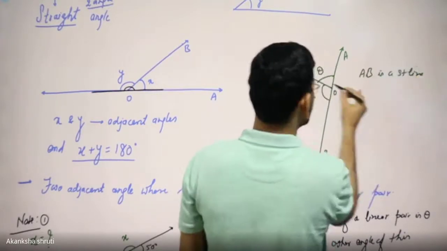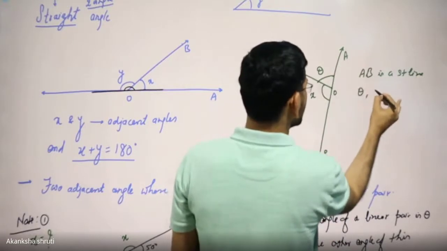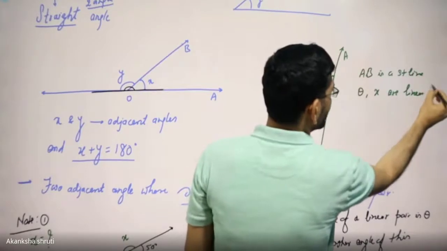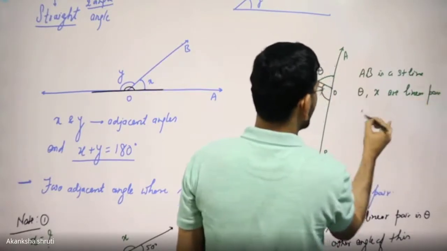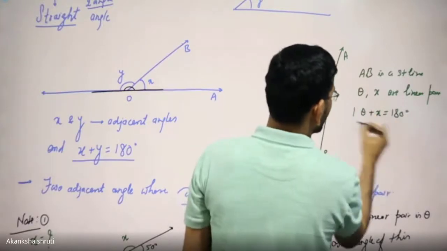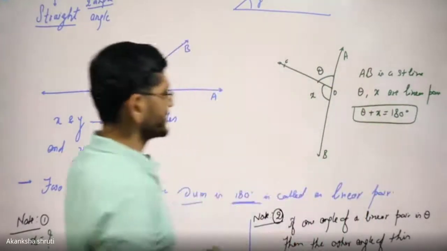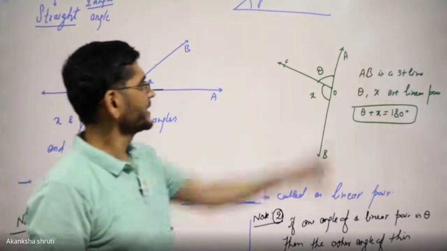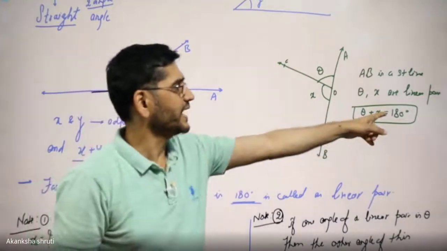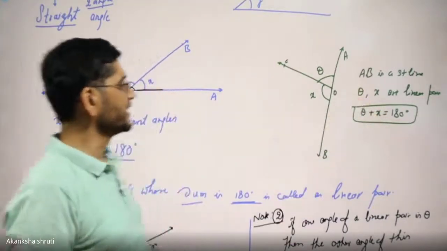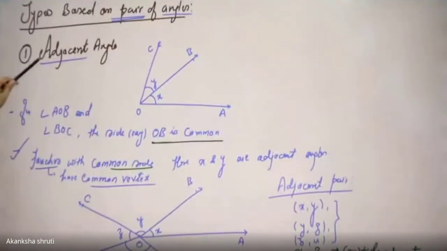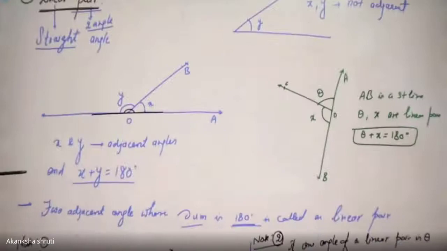So whatever the two angles formed here, theta and x are a linear pair. Therefore, we can write theta plus x as 180 degrees. So keep this in mind. Irrespective of the orientation, if there is a straight line angle or 180 degrees formed, then it is called a linear pair. So this is about the linear pair and adjacent angle.